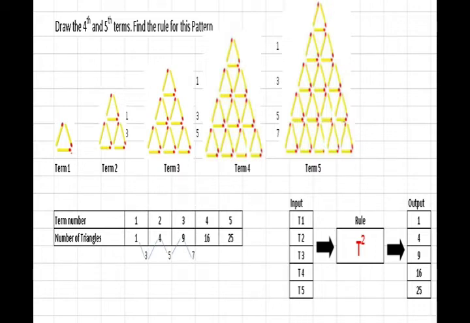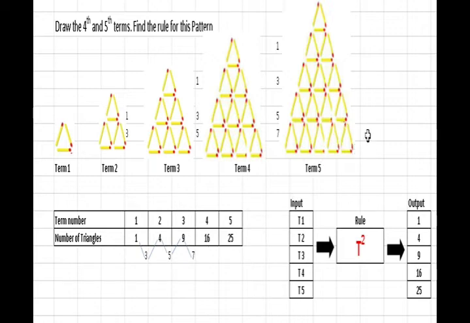Right, and if I want to check to see that term 5 has 25 triangles, you can count 1, 2, 3, 4, 5, 6, 7, 8, 9, 10, 11, 12, 13, 14, 15, 16, 17, 18, 19, 20, 21, 22, 23, 24, 25. Or you could simply say term 4 has 16.